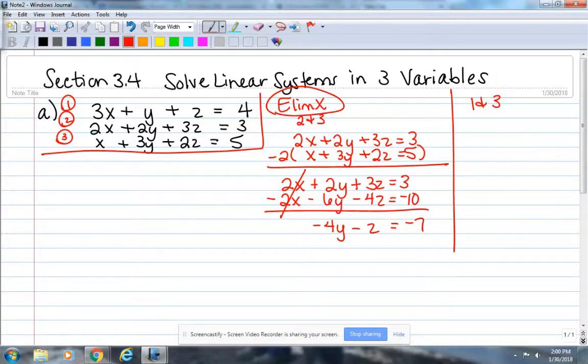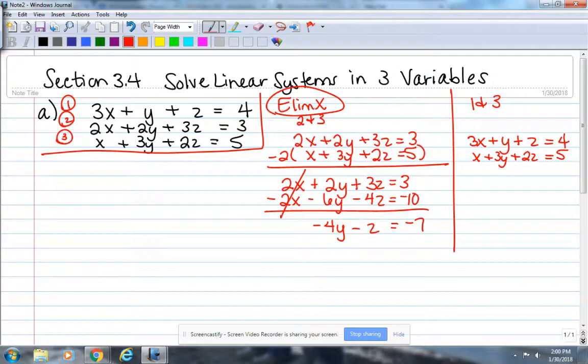We said that bottom row is the easiest one because it only had just an x and it's easier to multiply with. That's why I'm using the 3 twice. So I'm going to write down equation 1, which is 3x plus y plus z equals 4. And equation 3 is x plus 3y plus 2z equals 5.